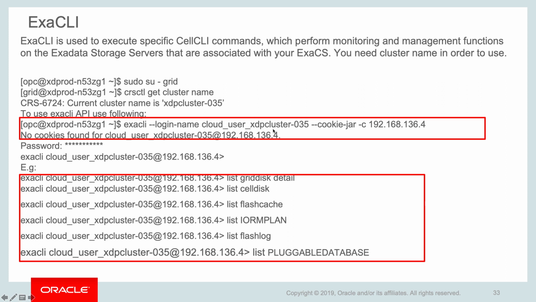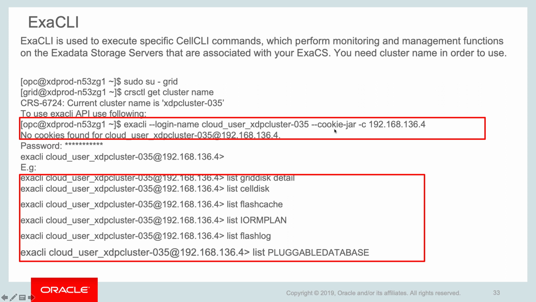So that is the user, and then --cookie-jar, and then -c. The IP address here is one of my storage cell IP addresses, which you can find from your cellip.ora, or your hosts file should also have an entry, I believe.